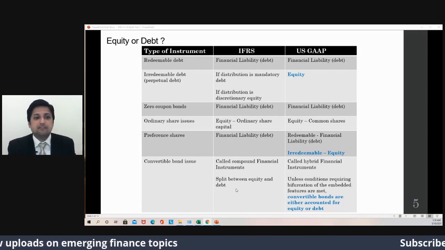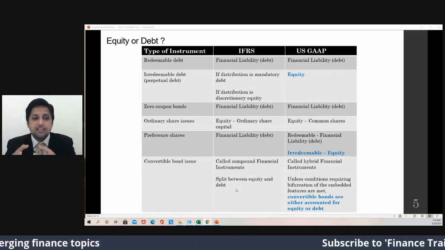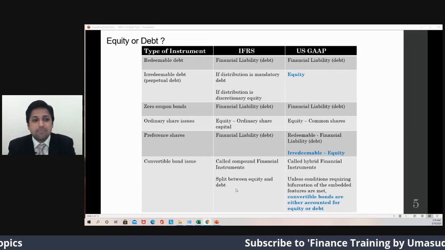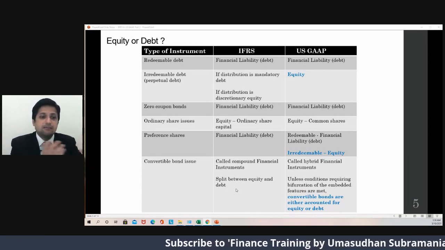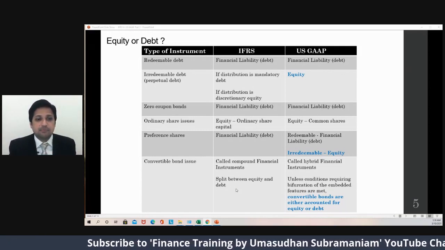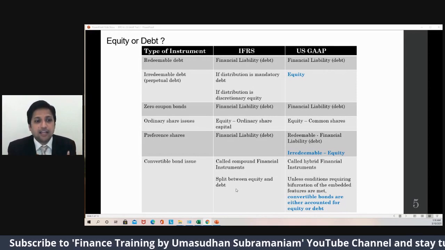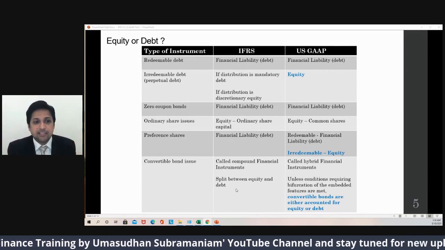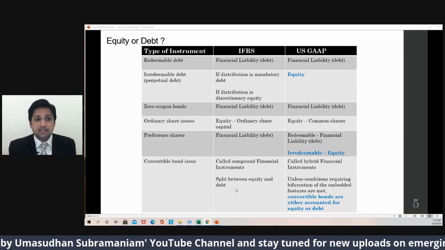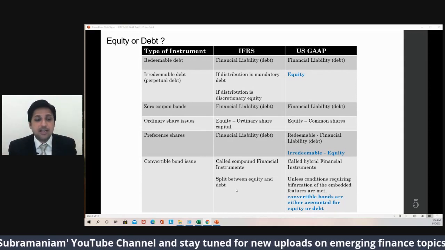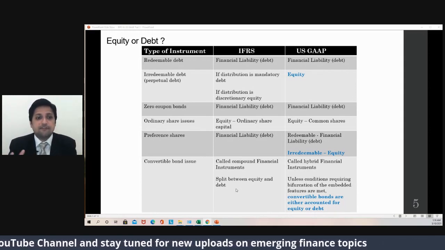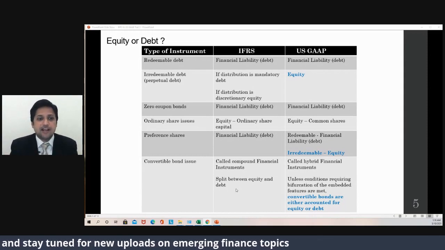What does that mean? If the dividend is not paid in a given year, it needs to be paid in arrears in the forthcoming years, which would mean any type of preference shares will be accounted for as a financial liability in IFRS.